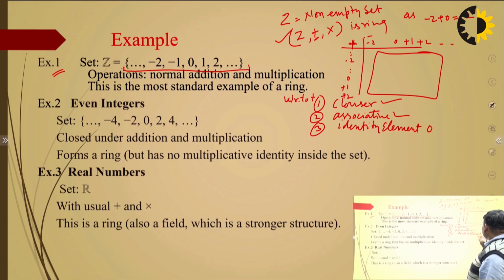Fourth is the inverse. Minus 2 has the inverse plus 2, that means when we apply the addition operation, we get 0. Therefore, the inverse property holds.